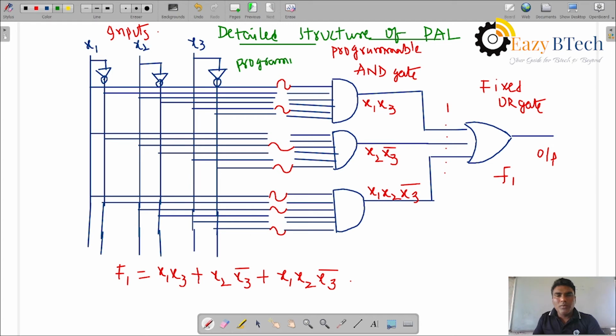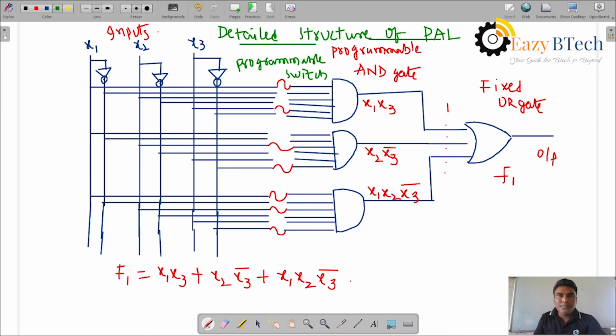According to the program which we can write for these product terms, the switches are connected, and the output product terms go to x1 x3, x2 x3 complement, and x1 x2 x3, which are given to the external OR gate.